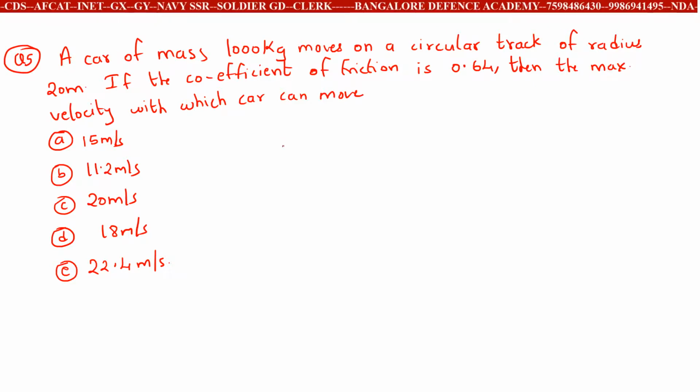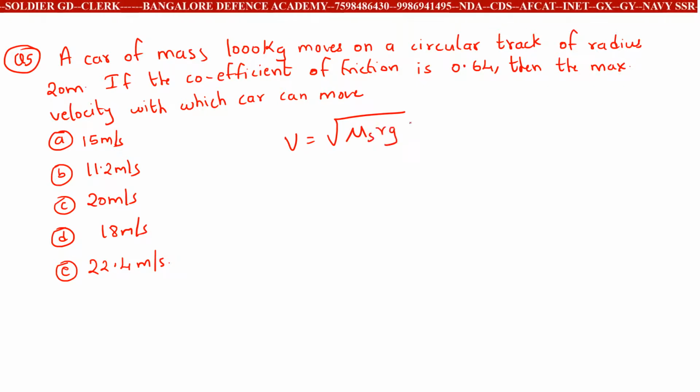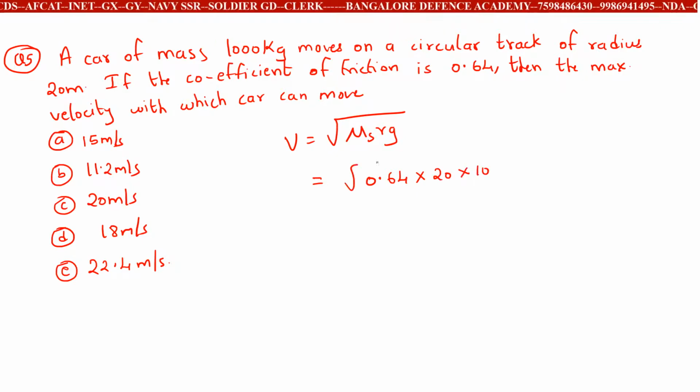You can use this formula. V is equal to square root of the coefficient of static friction, R into G. So the coefficient of static friction they have given 0.64 into the track radius they have given as 20 and G let us take it as 10.